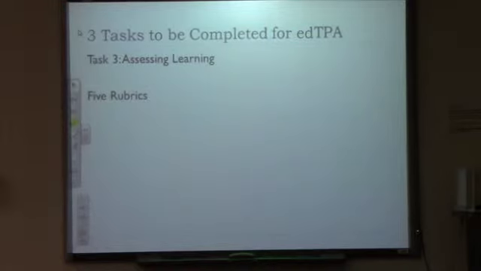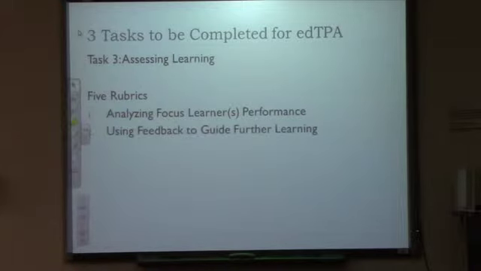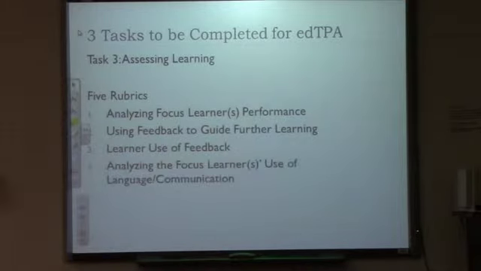The 5 rubrics for task 3 are as follows: analyzing focused learners' performance, using feedback to guide further learning, learner use of feedback, analyzing the focused learner's use of language and communication, using assessment to inform instruction.